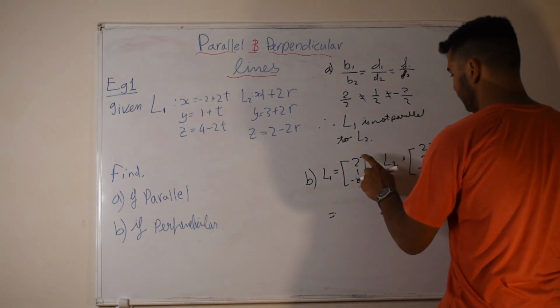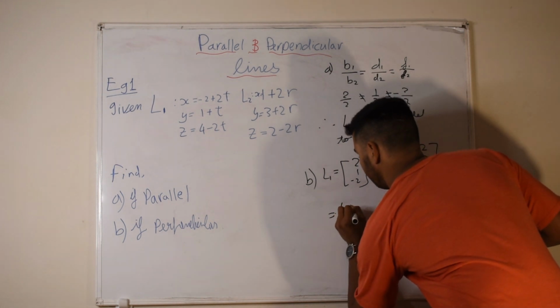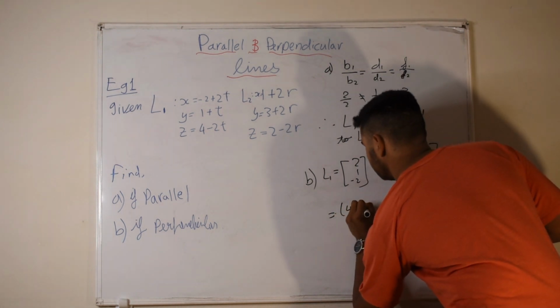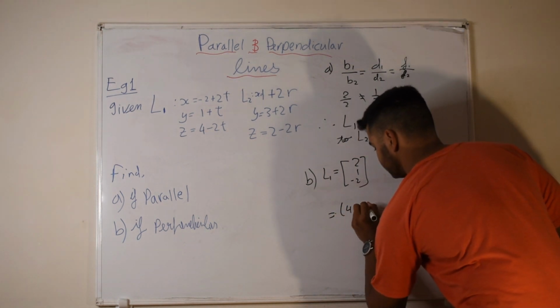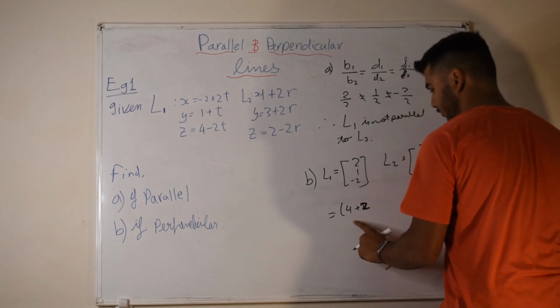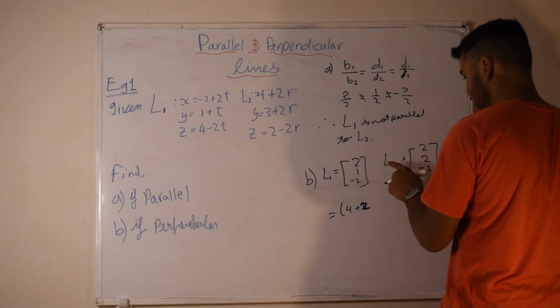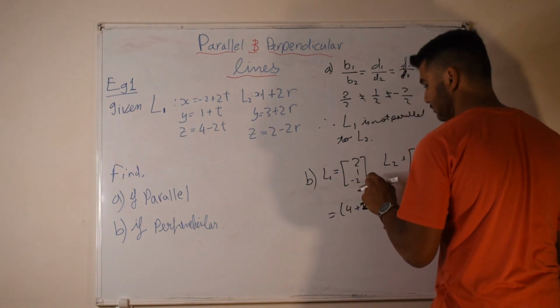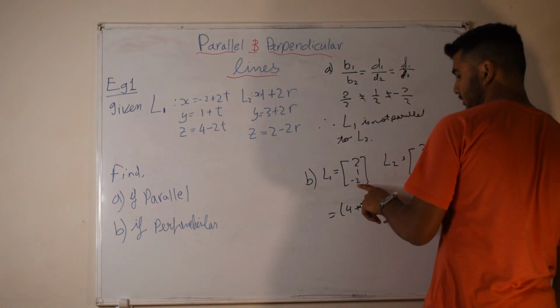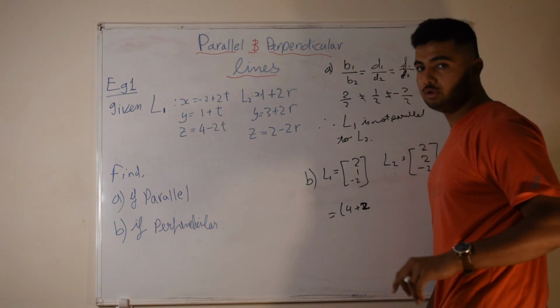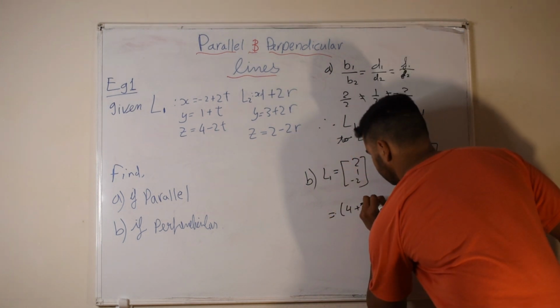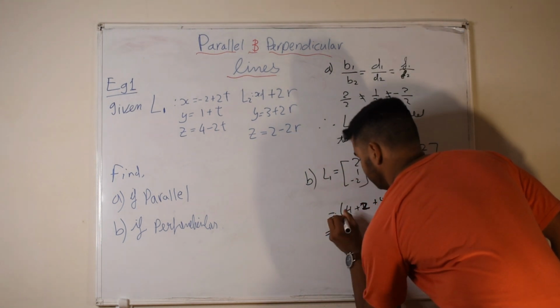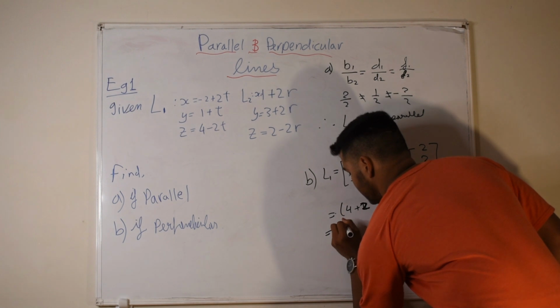We get 2 times 2 is 4, plus 1 times 2 is 2. So 4 plus 2 is 6, plus negative 2 times negative 2 is 4, so 6 plus 4 is 10.